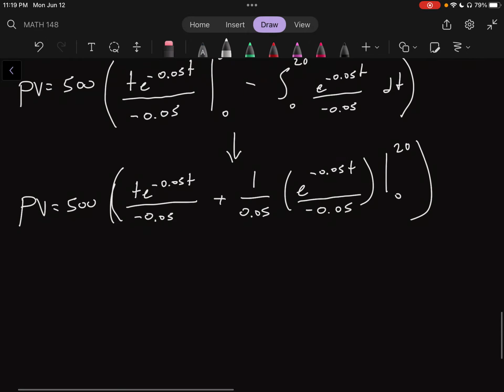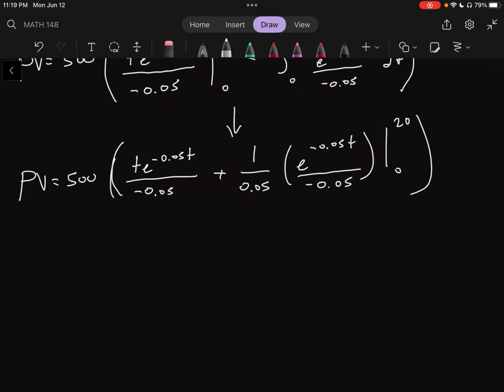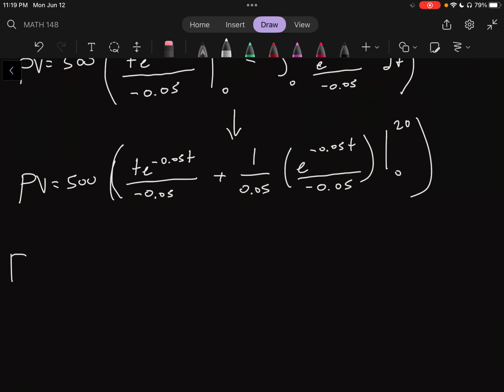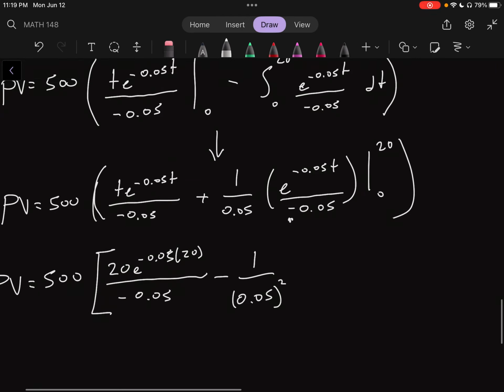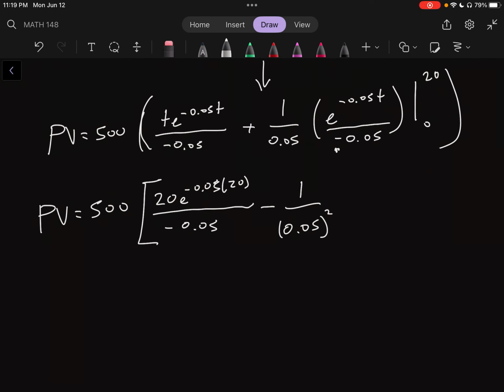And so now we can plug in. That's where we get 20 e to the negative 0.05 times 20 over negative 0.05, plus, actually, this negative makes this into a negative, it's 1 over 0.05 squared multiplied by e to the negative 0.05 times 20.